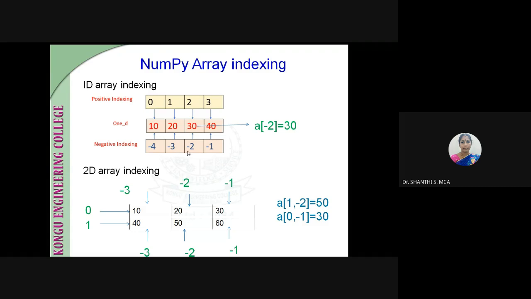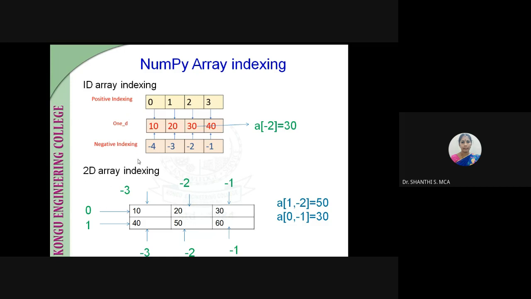This is negative indexing. -1 refers to the last element of the array. -2 means the second element from the last. So a[-2] refers to the element 30. a[-4] is 10. So this is negative indexing. Python supports negative indexing as well as positive indexing.